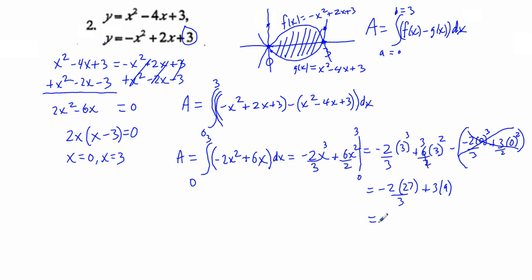And that's going to be equal to negative 2 times 27 divided by 3, negative 2 times 9, plus 3 times 9 is 27. And that's going to be negative 18 plus 27 is equal to 9. So 9 is our answer. Our area equals 9 square units.